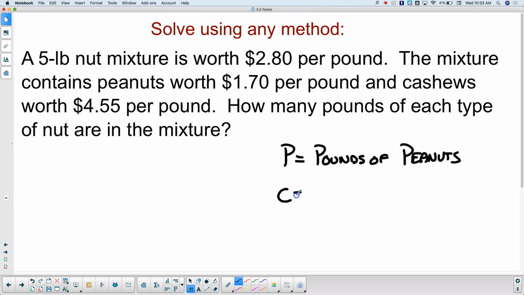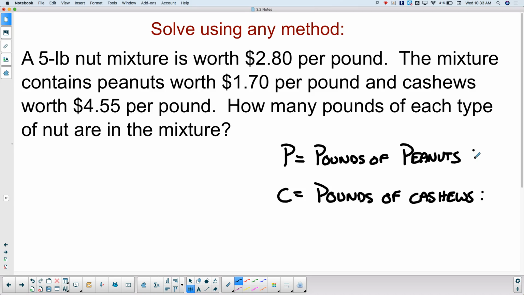C is what? Pounds of cashews. First equation. First one's the easy one. Russell? P plus C equals 280.